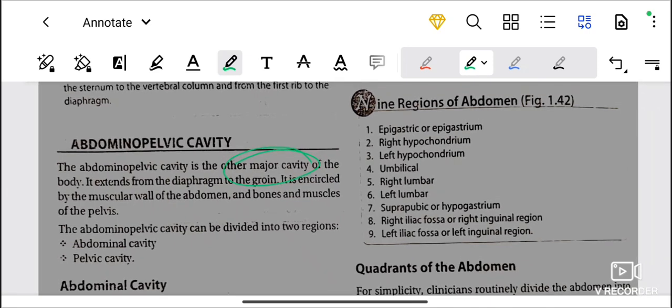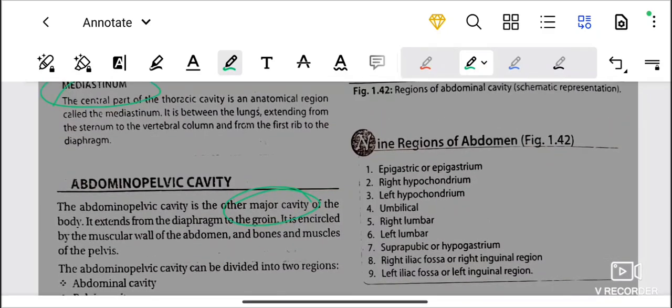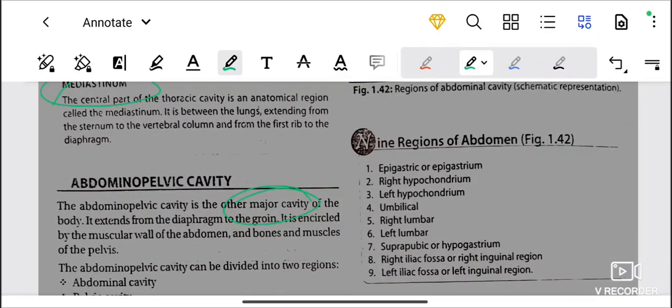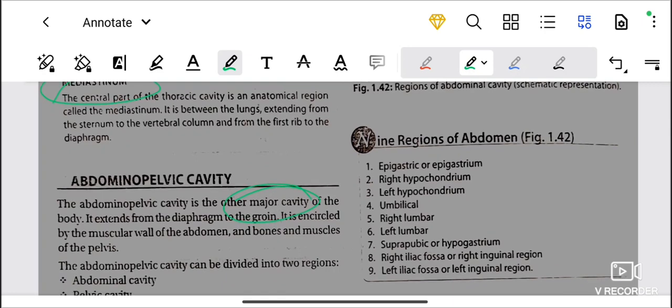Here we can see it is a major cavity, and it extends from the diaphragm to the groin, meaning the upper part of the excretory system, or you can say the pelvic region also.